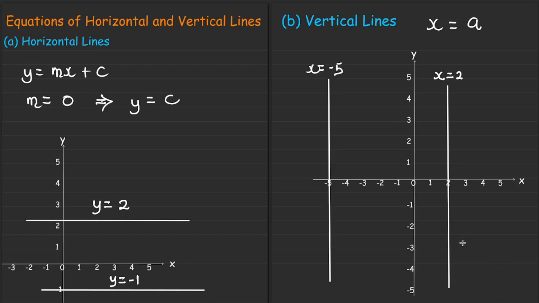It is not always an integer. Sometimes it can also be a decimal as well. So if I'm to bring it here, that is between the 3 and the -2, the equation of that line is going to be x equals -2.5. As simple as that.